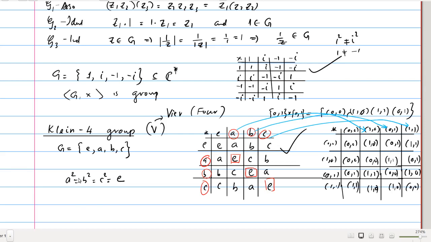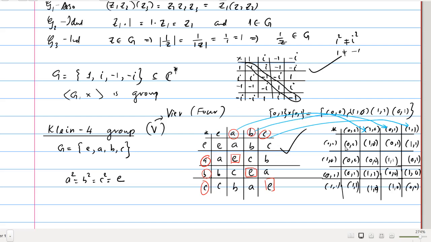So the squares of all the elements of this group are the identity, but that is not the same here. If you use any correspondence here, you cannot expect the same group table, because in any group table with any correspondence, the diagonal must be the same.